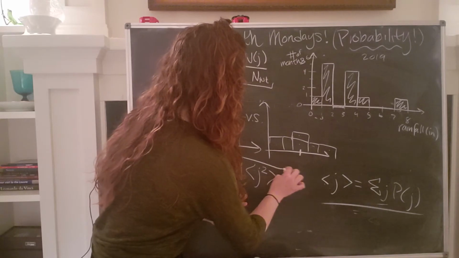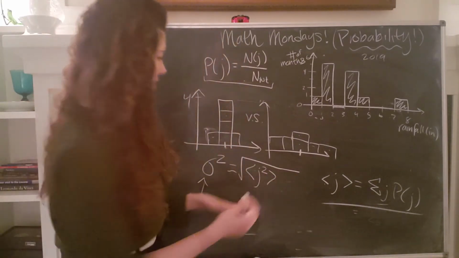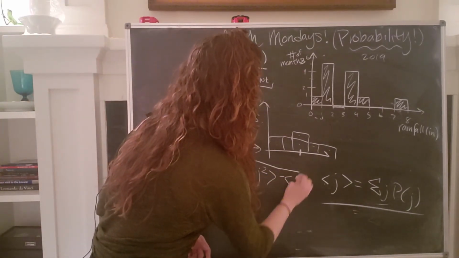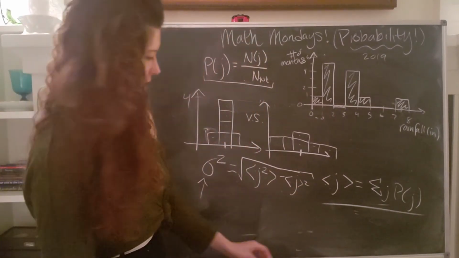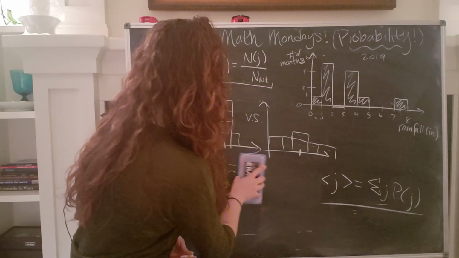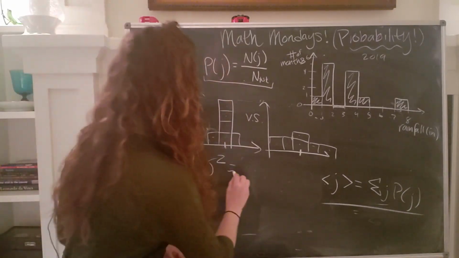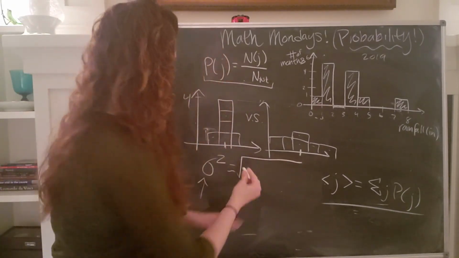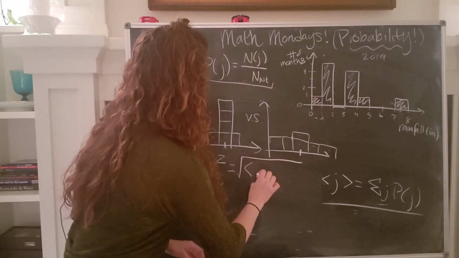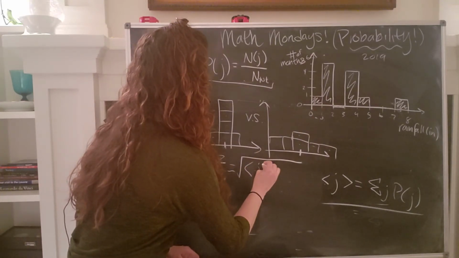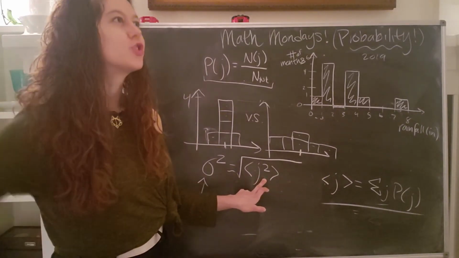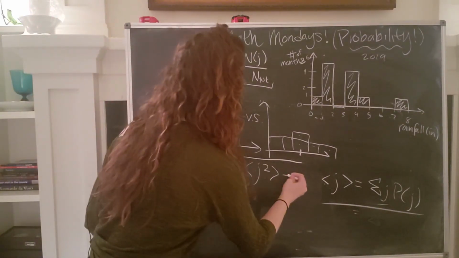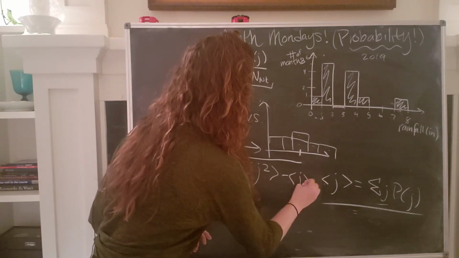The average, the expectation value squared minus the square of the averages. Okay, that is real crooked. So I'm going to say that again as I write it again. The average of the squares minus the square of the averages.